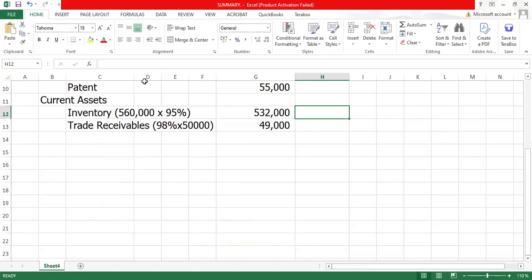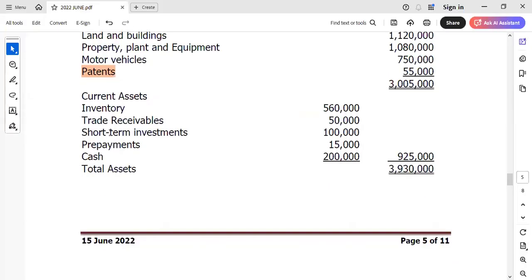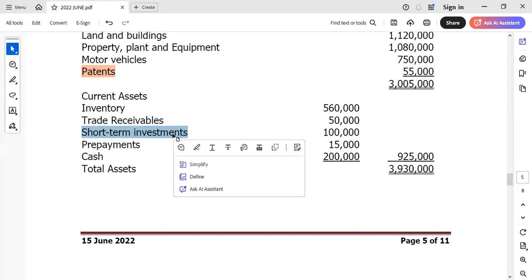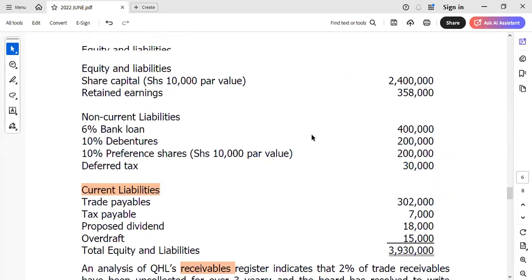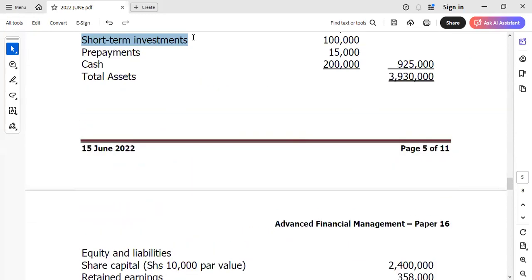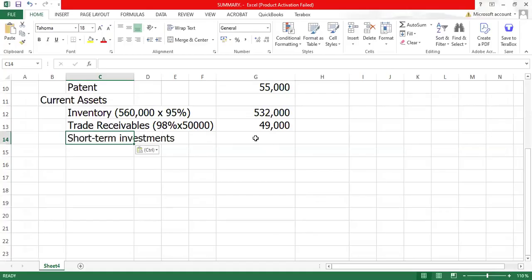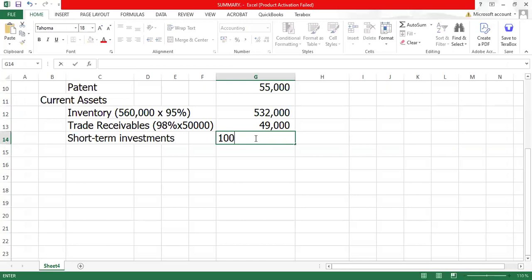Next is what? We have short-term investments. Do we need to make any adjustment? No, we don't have anything affecting that, so we can put it here. How much is that? 100,000.